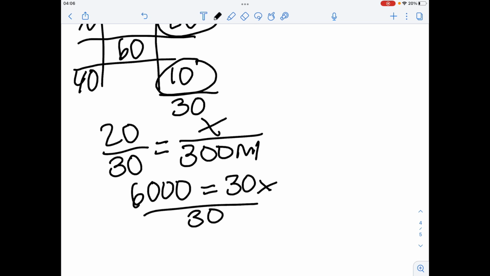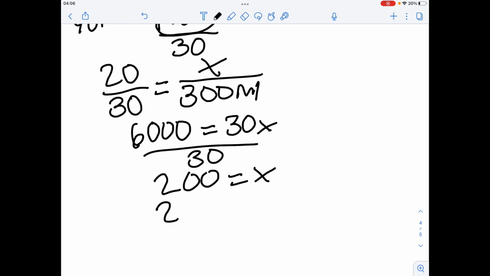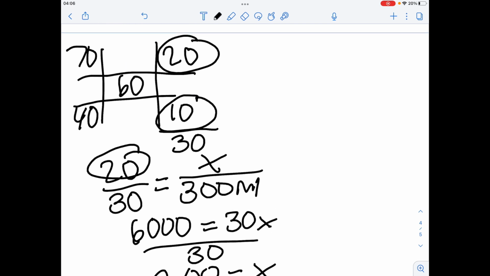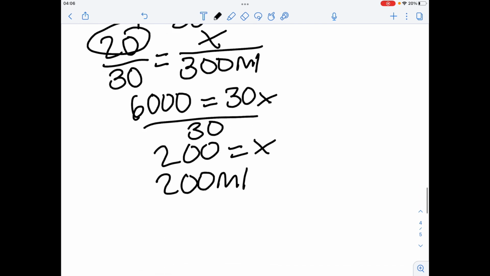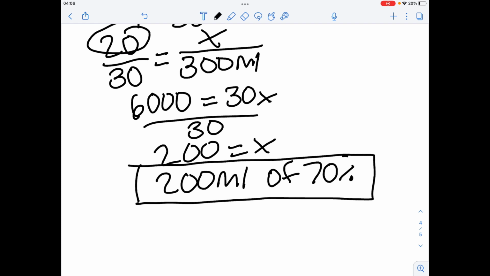Divide both sides by 30 to isolate x, and we get 200 equals x. This means we have 200 milliliters for our higher amount. Since we're using the 20, we're starting with our higher amount, which is 70%. So we need to mix in 200 milliliters of 70%.